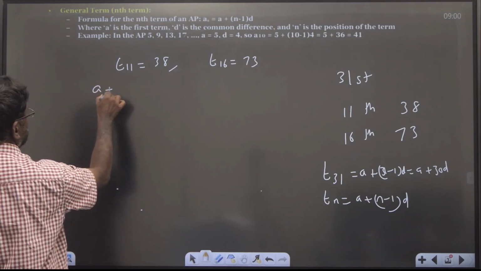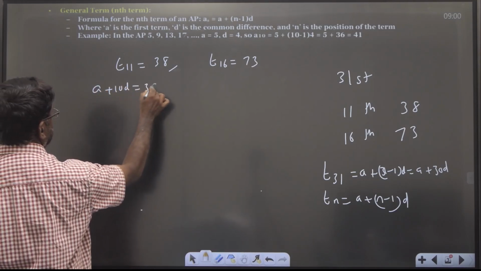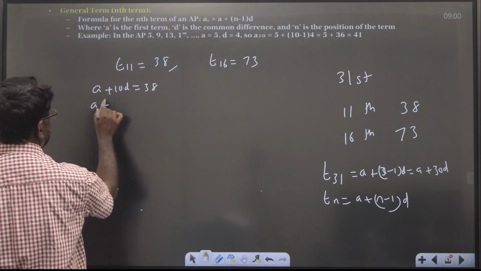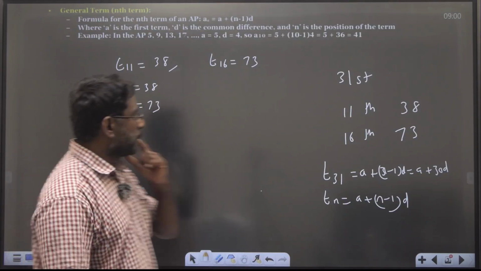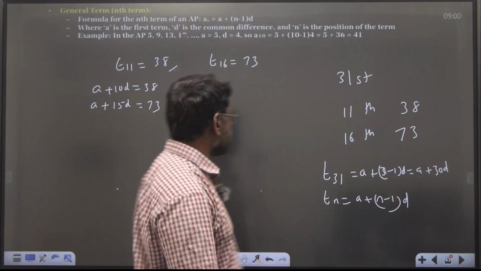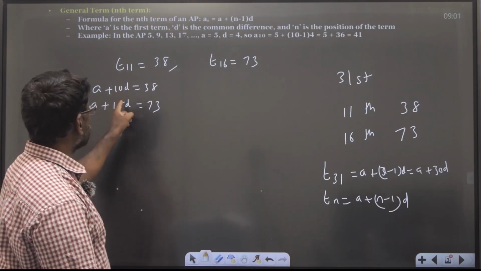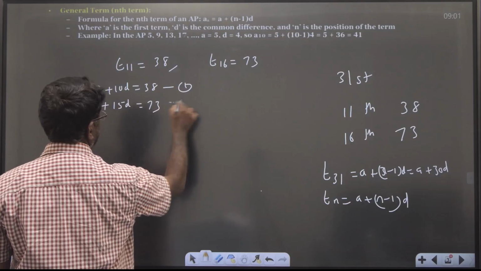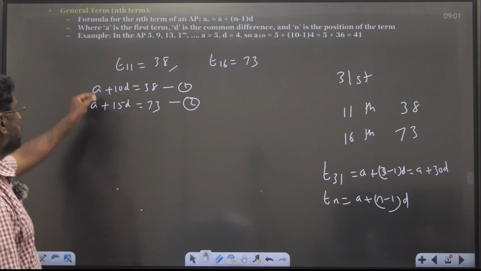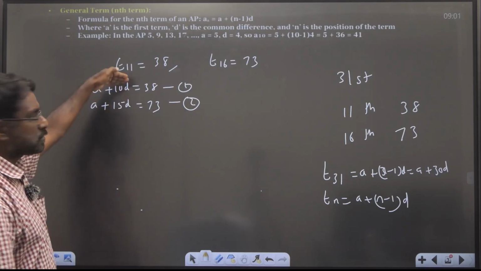T11 means a plus 10d, that is 38. T16 means a plus 15d, that is 73, because an is equal to a plus n minus 1 into d, that is 11 minus 1, 10, and 16 minus 1, 15. Take these as equation 1 and equation 2.